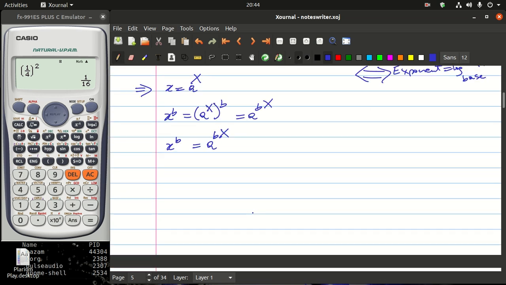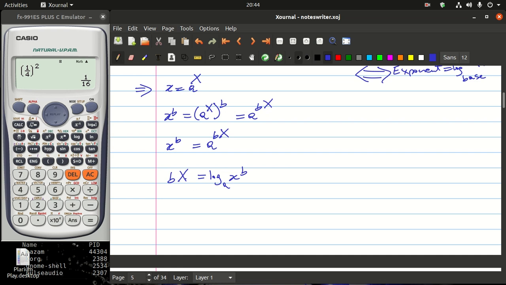And then what you do here is very simple. I want to bring this one down. We have an exponent, we have a base, and we have a number. So now I have b times X, which is an exponent, equal to log with base a of the number, which is x to the power b.